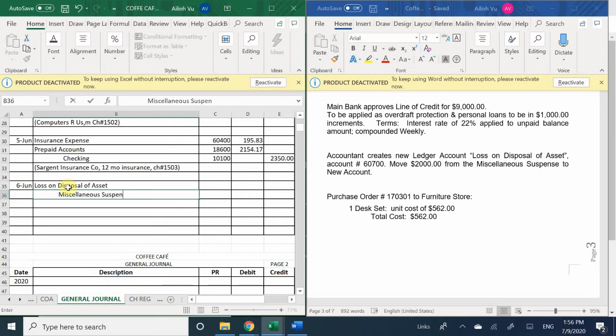Oopsies, I spelled it wrong again. Here's suspense. Okay. And then here, I'm going to indicate that that was 6,700, where my miscellaneous is 19990. Okay. And I know that I'm trying to transfer my entire $2,000 out of the account.